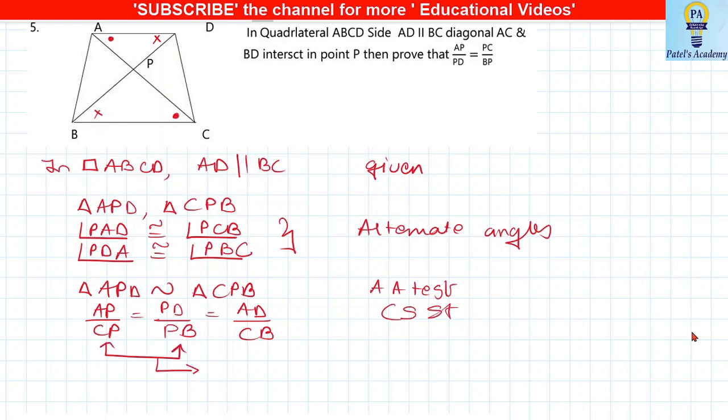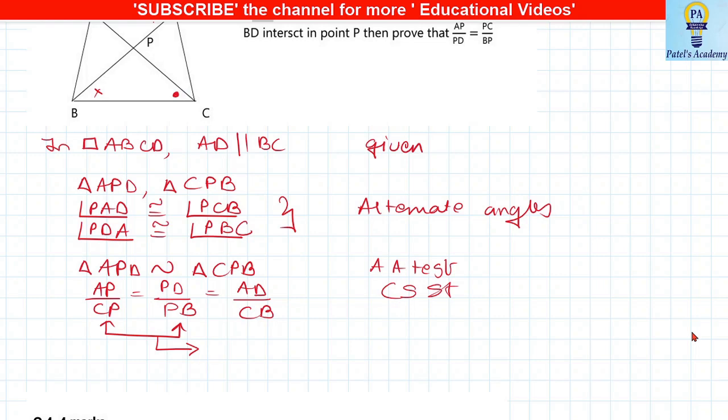So what I'm going to do is some property from 9th standard in algebra, what you studied, we call it as alternando. So when I do alternando, what will happen? This ratio will shift here and this ratio will shift here. Bas, that is what we are doing there. So I'll write AP upon PD is equals to CP upon PB. Reason is alternando.